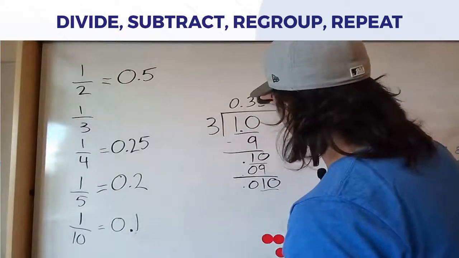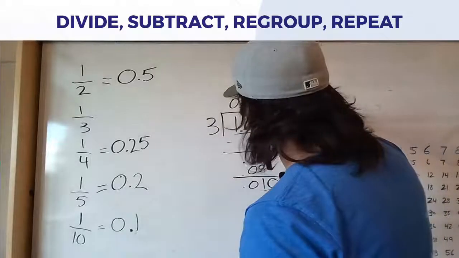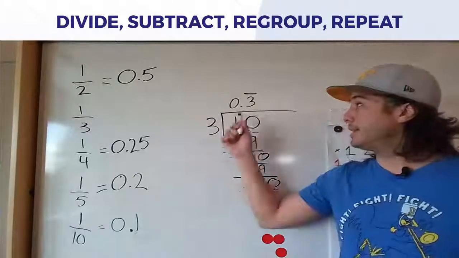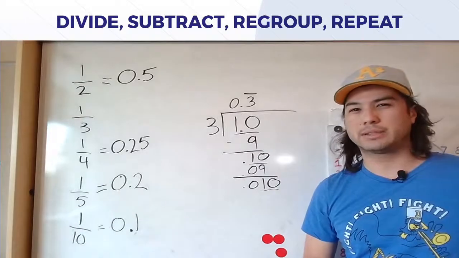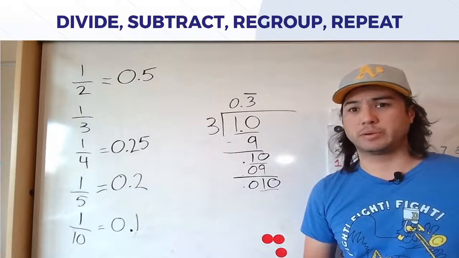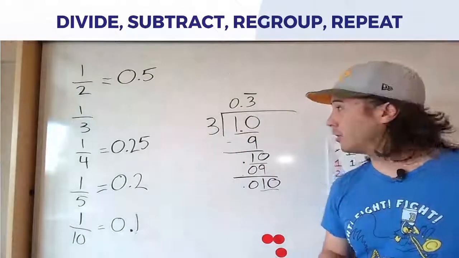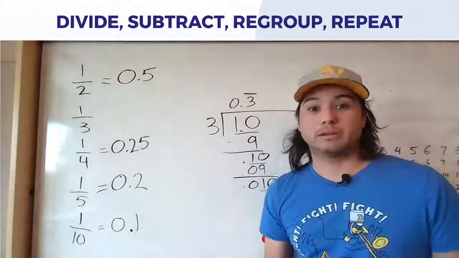There's a mathematical way to show this, and what you do is take a line and put it over the top of that 3. Basically saying this pattern, whatever pattern is under the line, will repeat. I looked up the name for this line, and now I completely don't remember it because it was completely new to me. But this line above our digit shows that whatever's under the line is going to repeat forever.